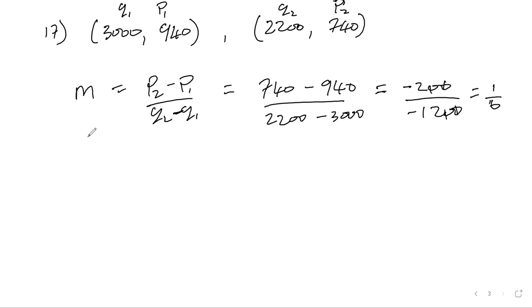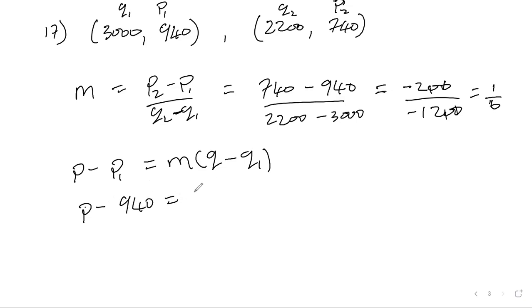Then we use our slope and one of these points in the point-slope form to find the equation. So my equation will be P minus P1 equals M times (Q minus Q1), which is P minus 940 equals 1 over 6 times (Q minus 3000).